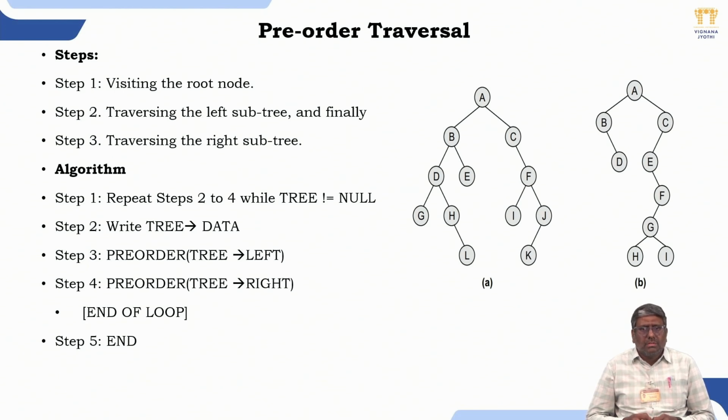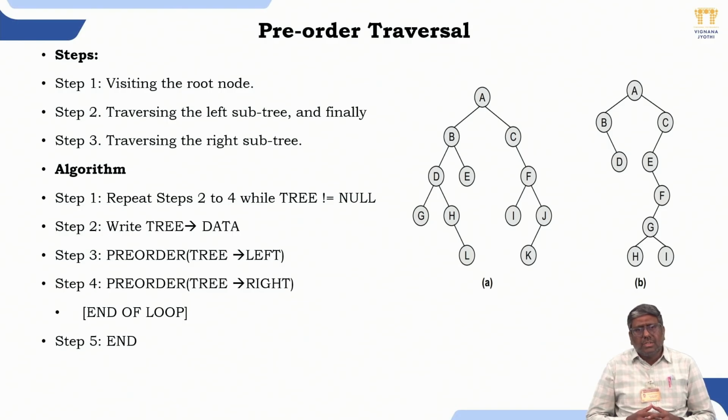First we visit the root node, then we visit the left child. If the left child contains another left child, then we visit that child, and so on. We visit the left children until we reach a node which does not contain any left children.